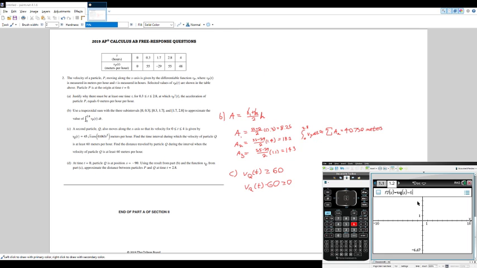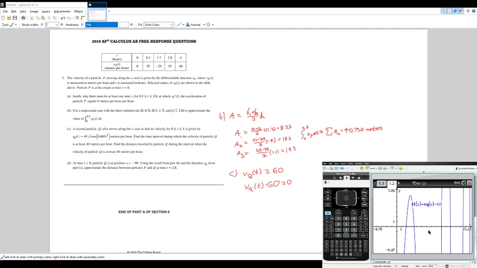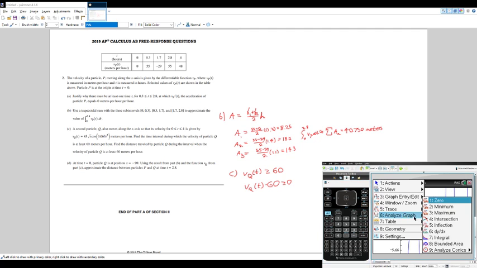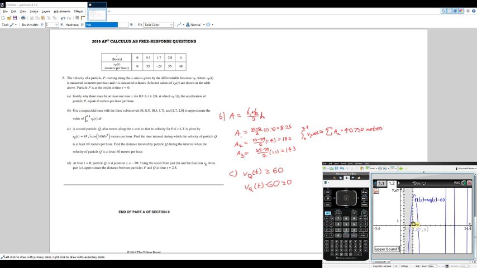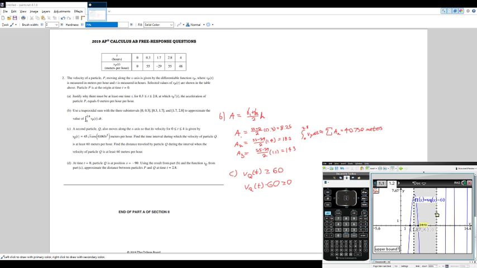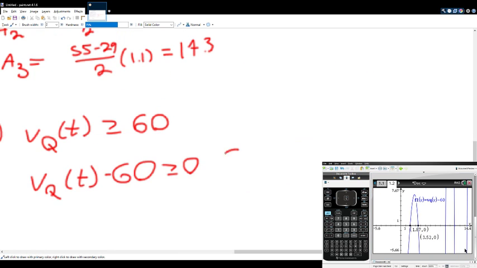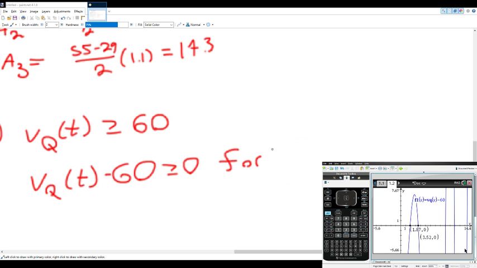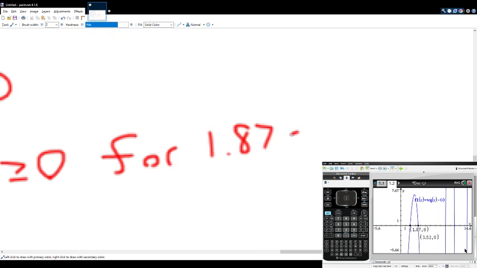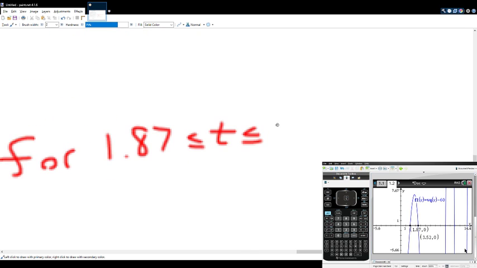Vq of x minus 60, and it's from time t equals 0 to time equals 4, so it's this interval right here. Get the zeros right here. The zeros are 1.87 and 3.52. So that's for 1.87 less than or equal to t, which is also less than or equal to 3.52.